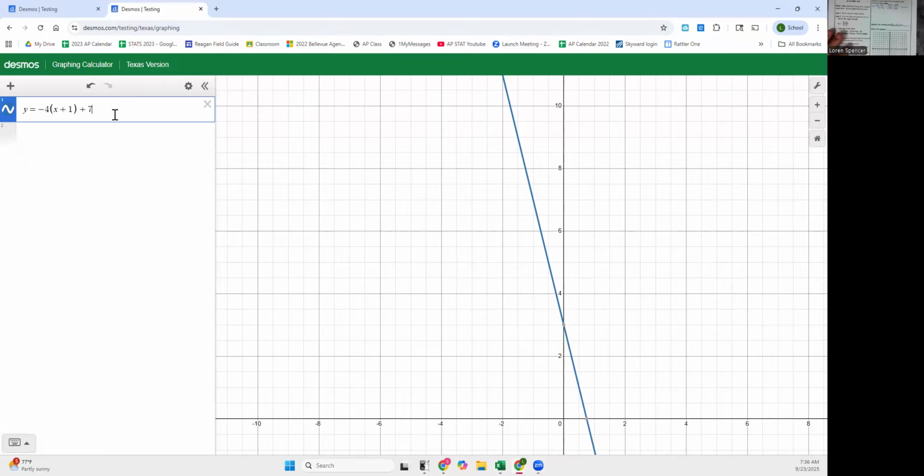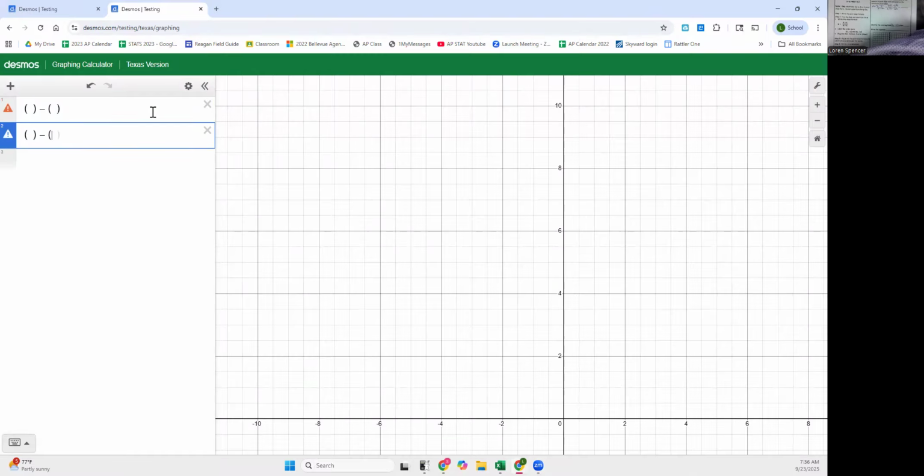All right, to get the slope, we need to go parenthesis minus parenthesis, over parenthesis minus parenthesis. All right, so we have our slope now, and we're going to go ahead and plug in our values.